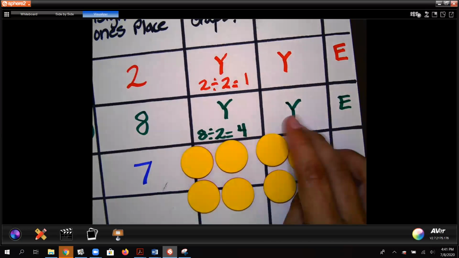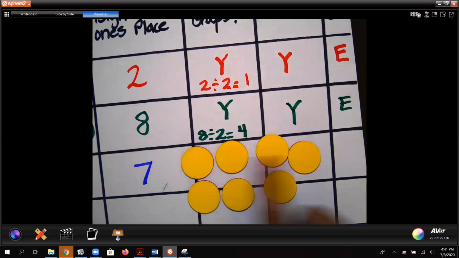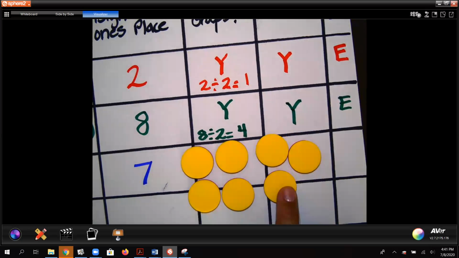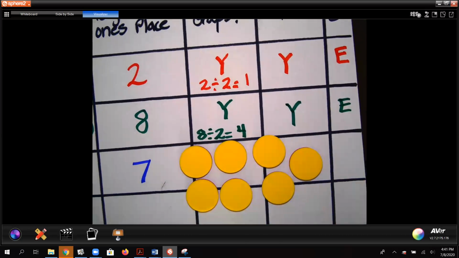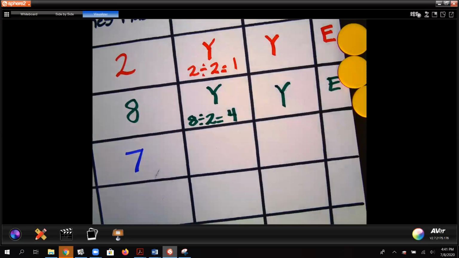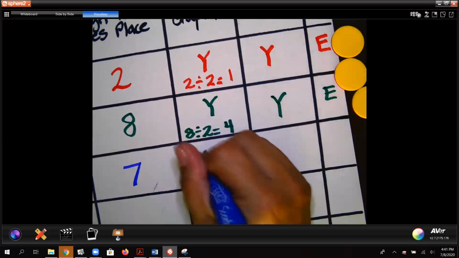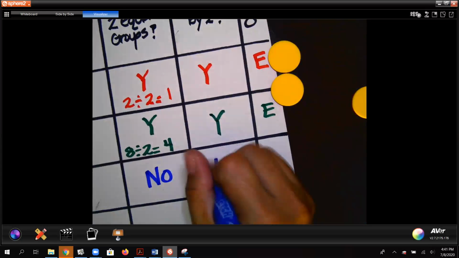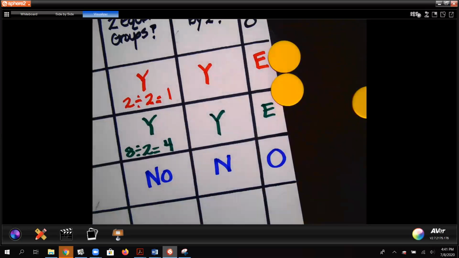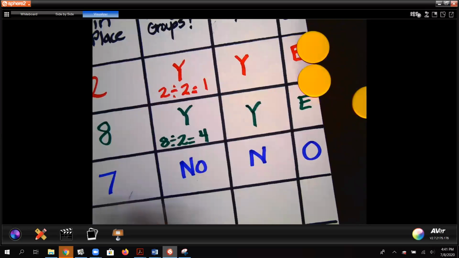I would not be able to make 2 equal groups, could I? It would be 4 here and 3 here. I could only make equal groups if I split this. Then it would be fractions, right? But we're not doing that. We can't cut it like that. So no. 2 equal groups? No. Is it divisible by 2? No. So that would be O for odd. That is an odd number. 7 is an odd number.